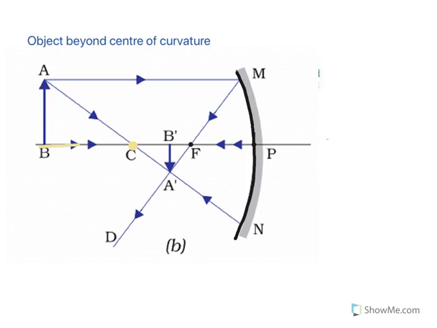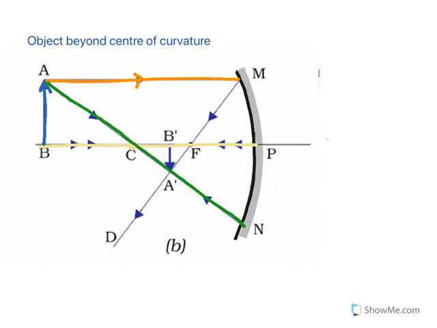The principal axis is a line passing through the center of curvature and meeting at P. Here is your object. This is your object, and from this object you always have to take two rays. One ray parallel to the principal axis and the other ray passing through the center of curvature.